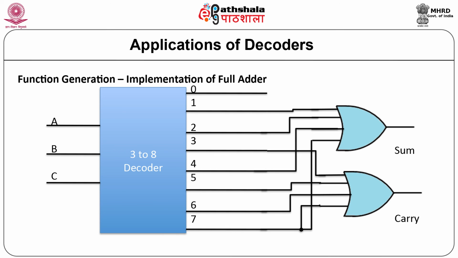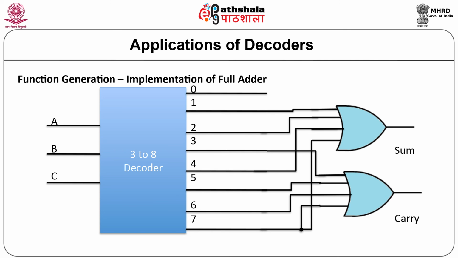The OR gate for output S forms the logic sum of min terms 1, 2, 4 and 7. Similarly, the OR gate for output C forms the logic sum of min terms 3, 5, 6 and 7. This is the way one can implement any combinational circuit with the help of a decoder.